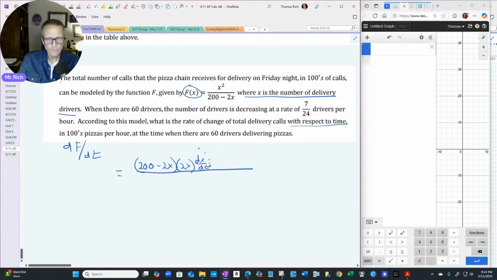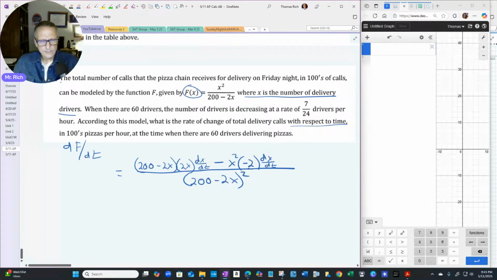Since we're taking the derivative with respect to time, every time I take the derivative of x, I will be putting in a dx/dt. And then minus high, x squared, times the derivative of low, which would be minus 2 times dx/dt. And on the bottom, that's just going to be 200 minus 2x to the second power.